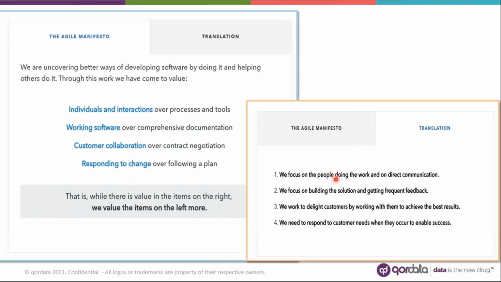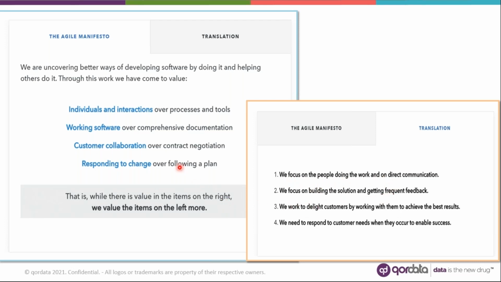Point number 1 says that we focus on the people doing the work and on direct communication. This direct communication is very important. Without direct communication, we have to go towards sending emails, bulk messages to each other, and there is a time limit for every item to be completed. So the best communication style is direct communication.